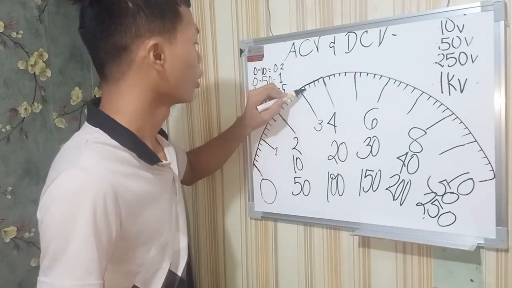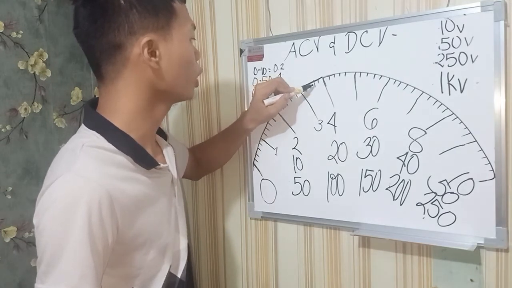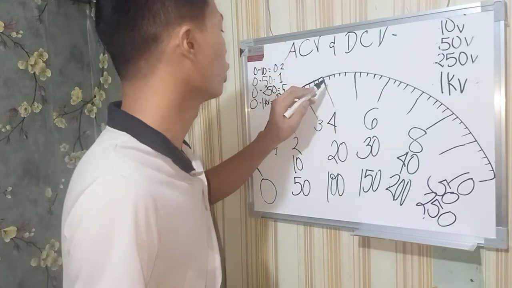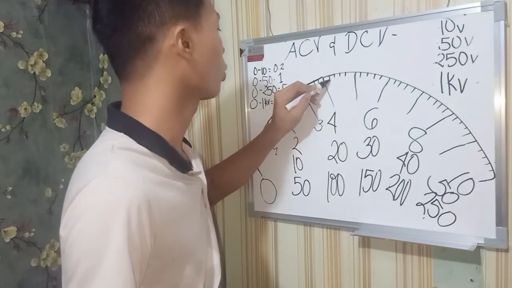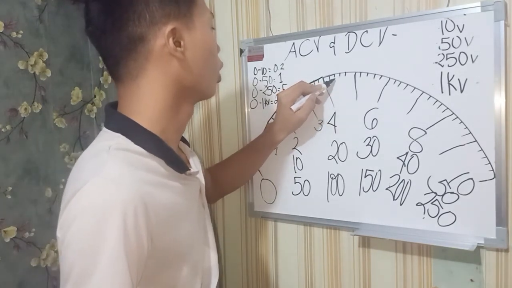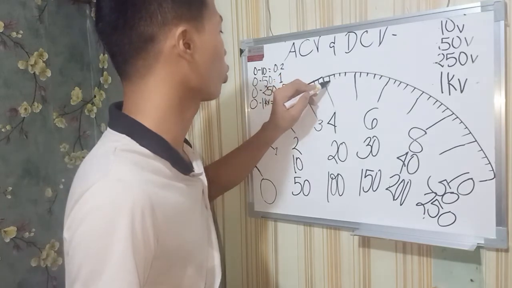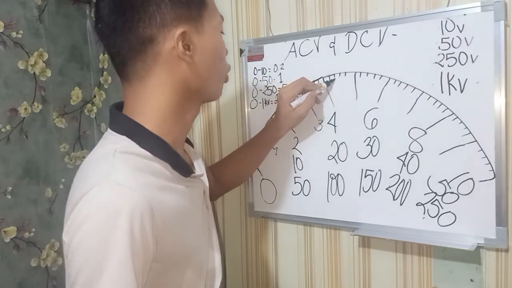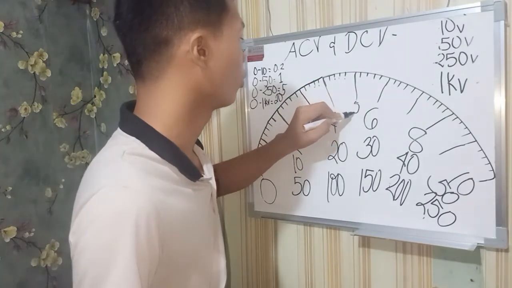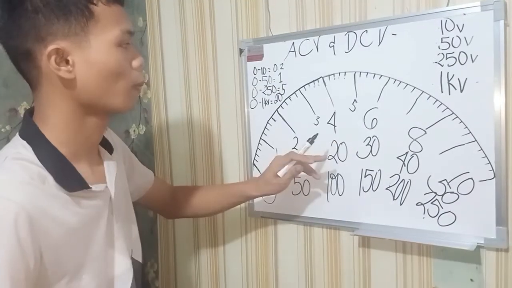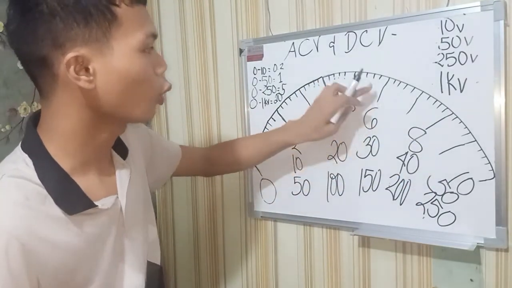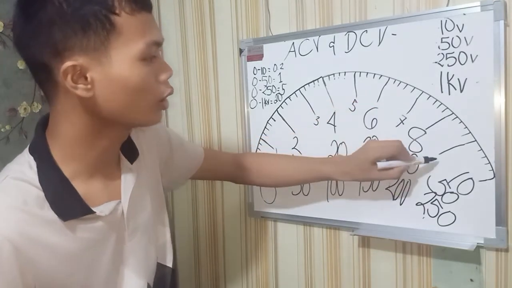Then 3.2, 3.4, 3.6, 3.8, then 4. Then 4.2, 4.4, 4.6, 4.8, then 5. Then 5.2. As we go on, these divisions continue by 0.2.